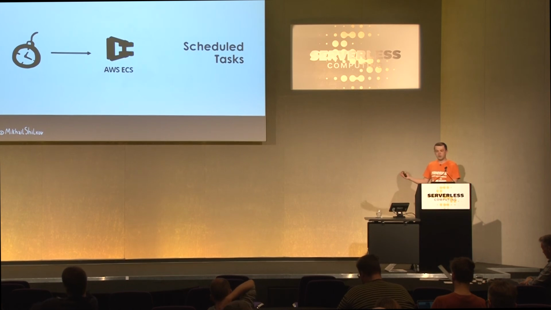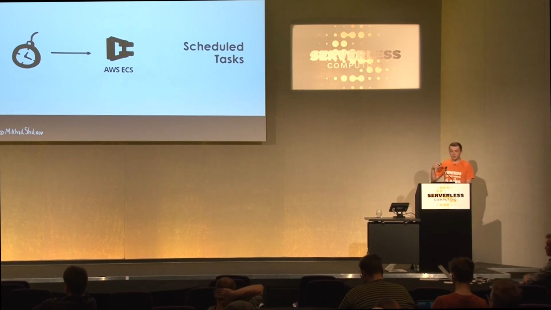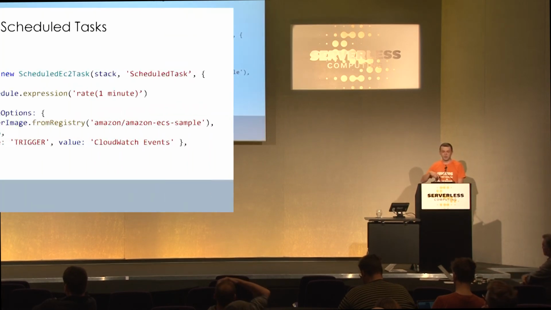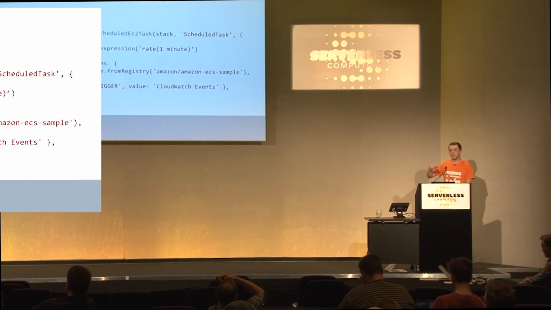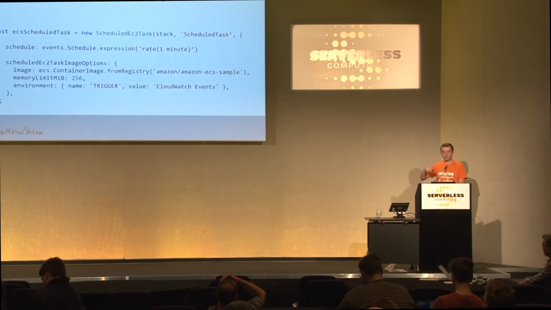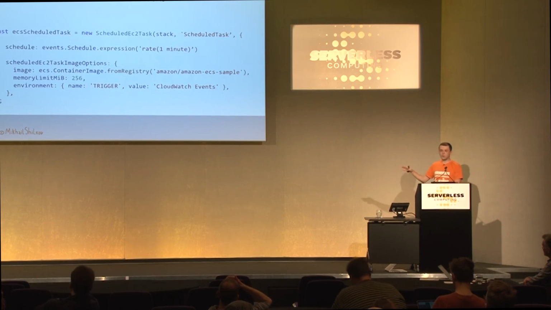I have a timer, and I want to execute every 10 minutes a container in ECS cluster. And then your code can look very much like your diagram. You create a new resource, and you have a schedule of every 1 minute, and then you have a container to run every 1 minute. So it's the same level of reasoning. This picture and this code, you can go from one to the other.